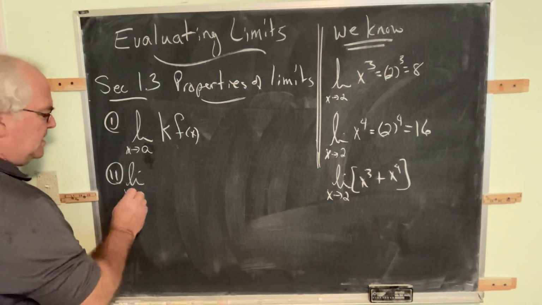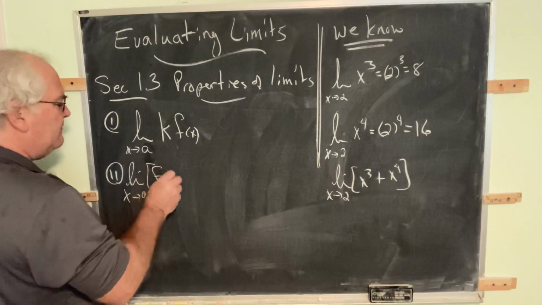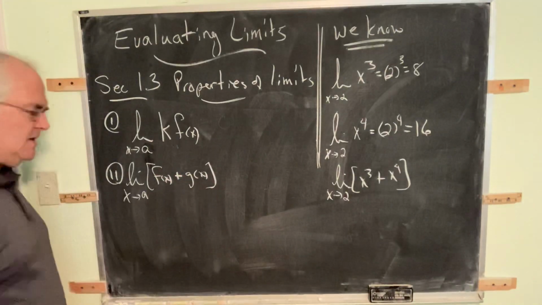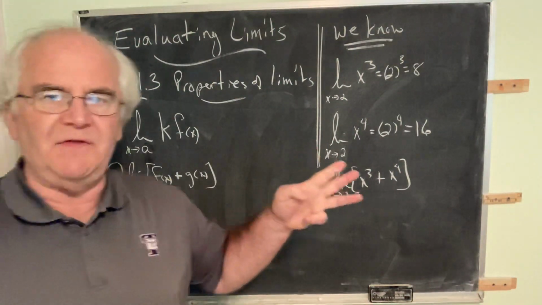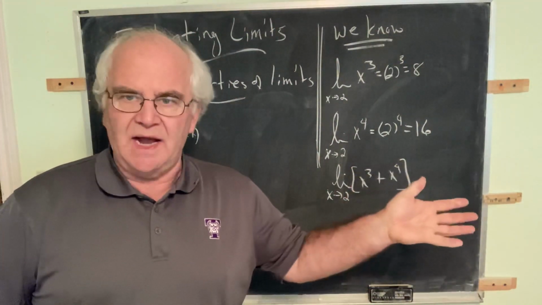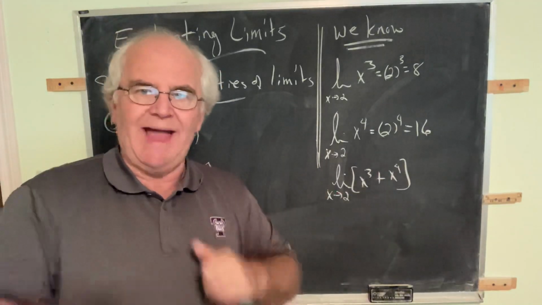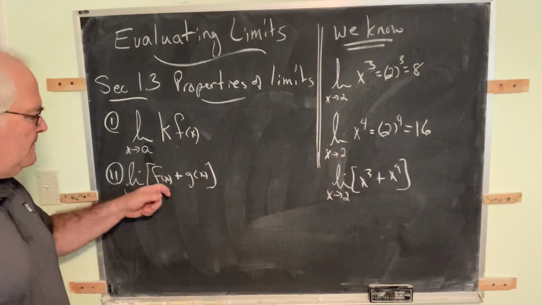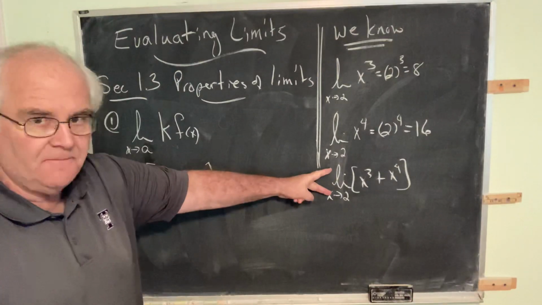It says as X approaches A of f of X plus G of X. This now introduces, you'll notice the 3 rules we did at the very start, there were no plus signs. Now this is the rule that says, how do you handle it if you have 2 things added together? That's what this rule covers. We have a function plus a function. That is exactly what we're looking for.